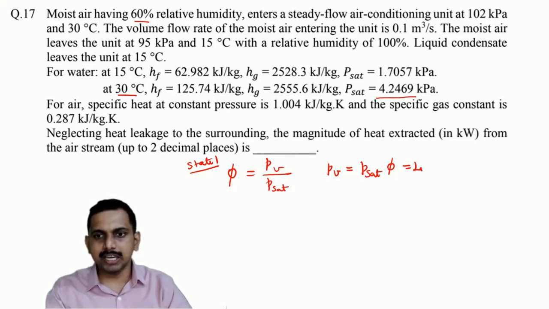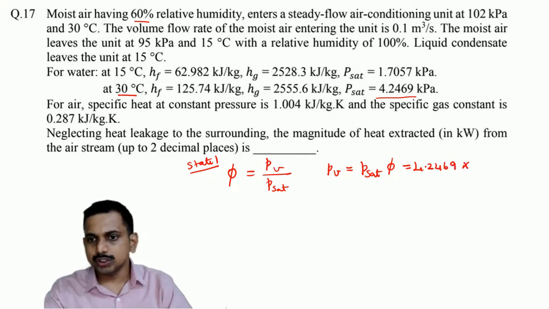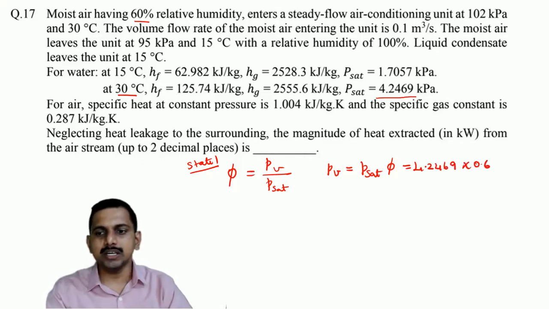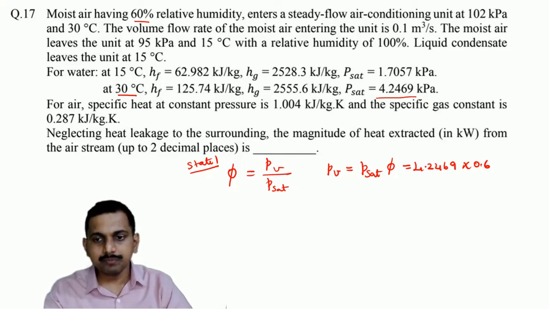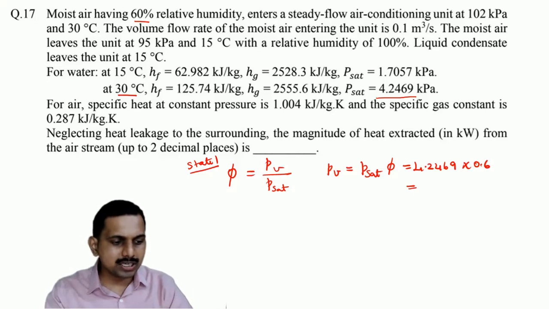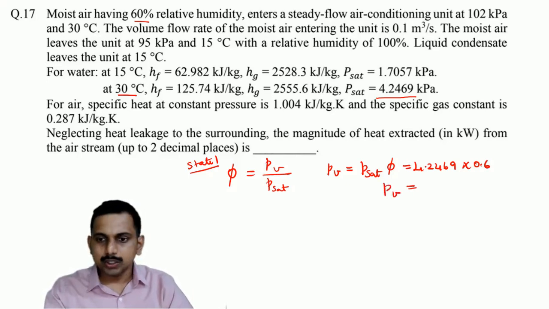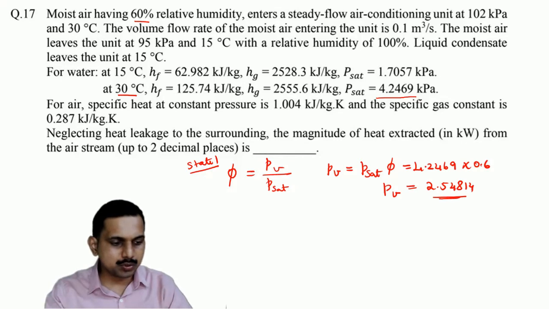So we can take 4.2469 into 0.6, which is the relative humidity. I'm sorry, I said this is a humidity ratio, it is relative humidity. So the answer for pressure of the vapor, I got it as 2.54814.